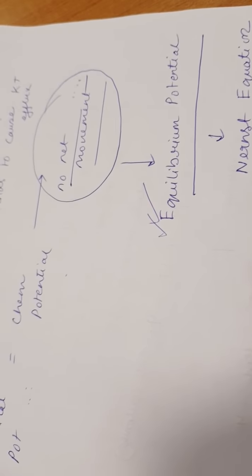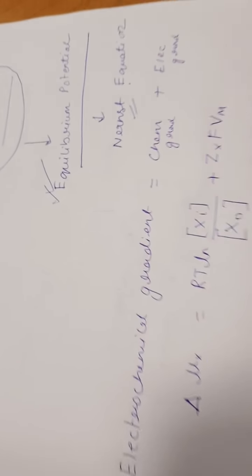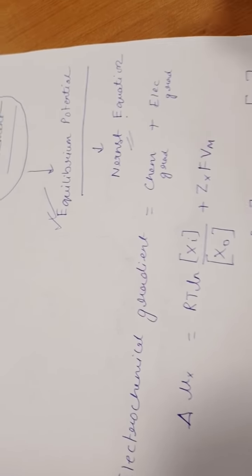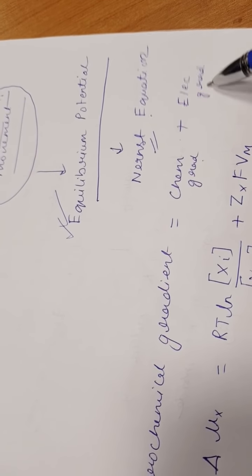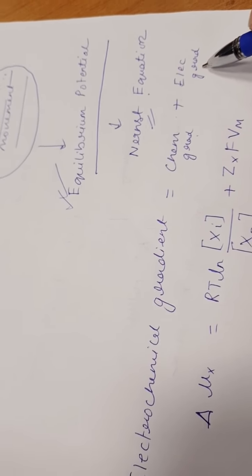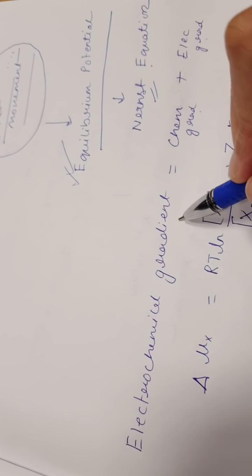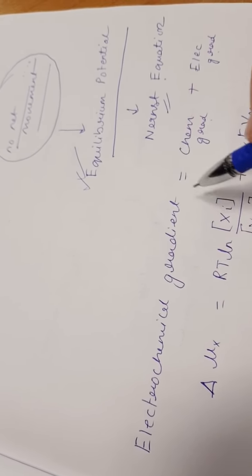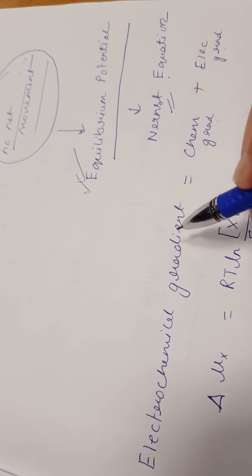Now, the electrochemical gradient is basically the chemical gradient and the electrical gradient. A point is reached, the equilibrium potential, when the electrochemical gradient becomes 0.